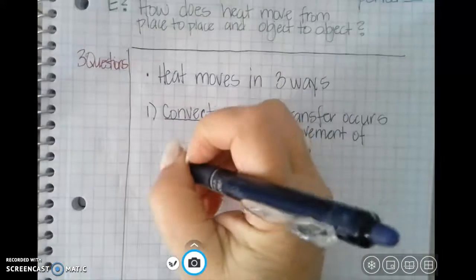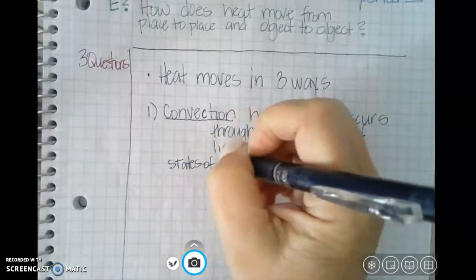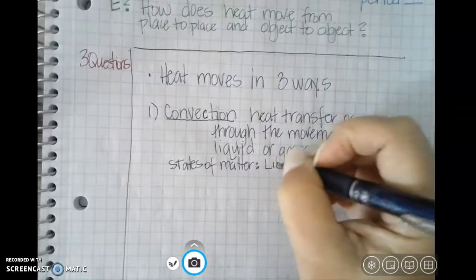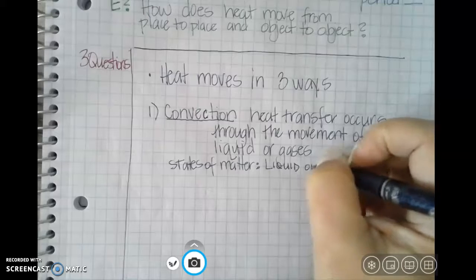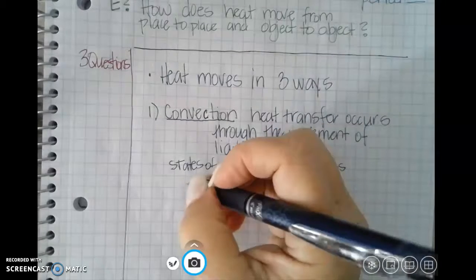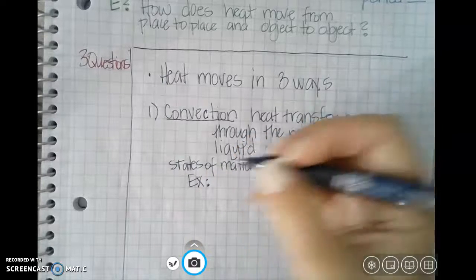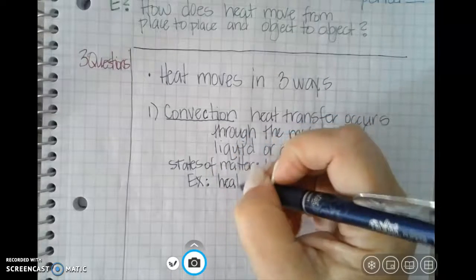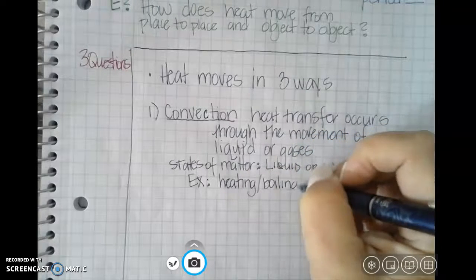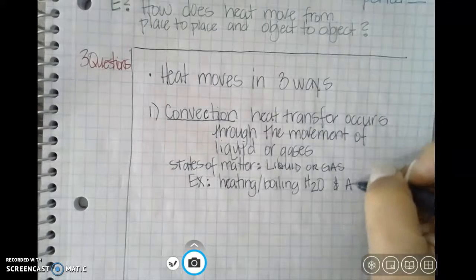So the states of matter would be liquid or gas, and some examples would be a heater or boiling water, and another example would be air currents.